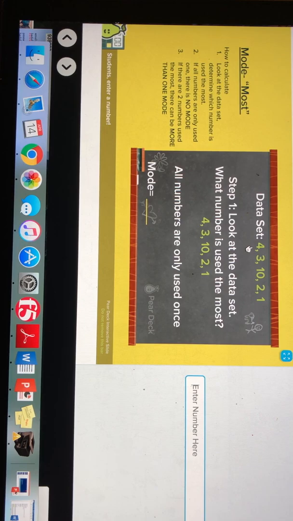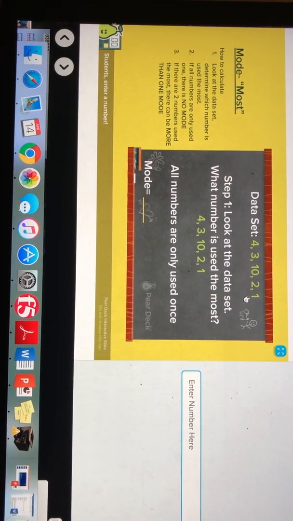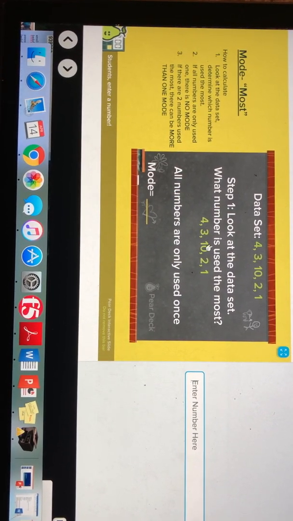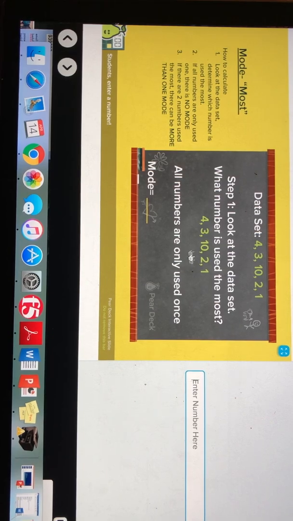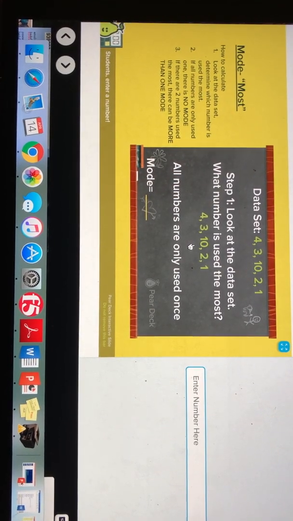Here's our data set, 4, 3, 10, 2, and 1. Step number 1, look at the data set. What number is used the most? Looking at the data set, I see that each number is only used once.